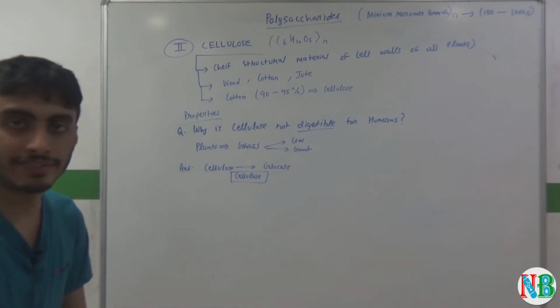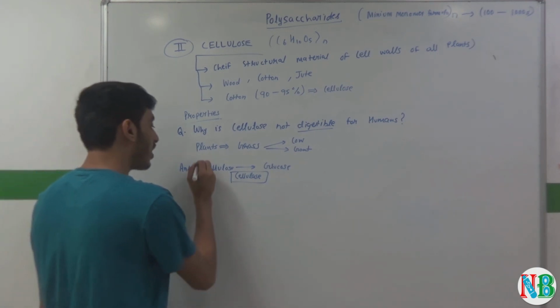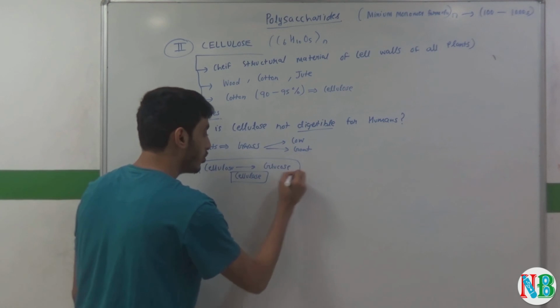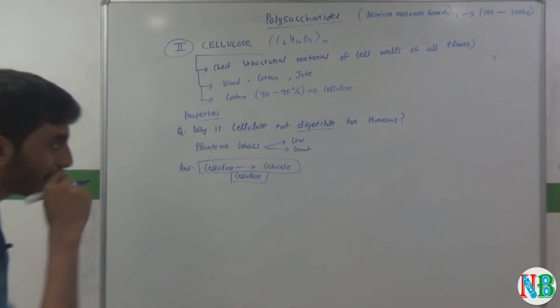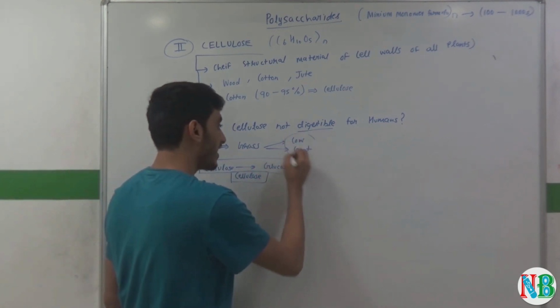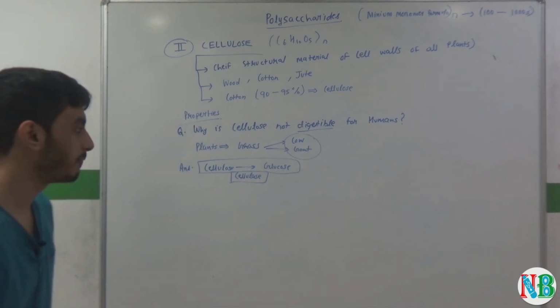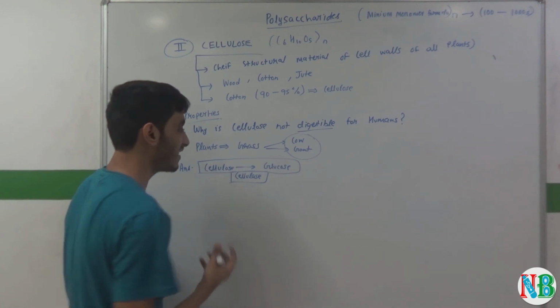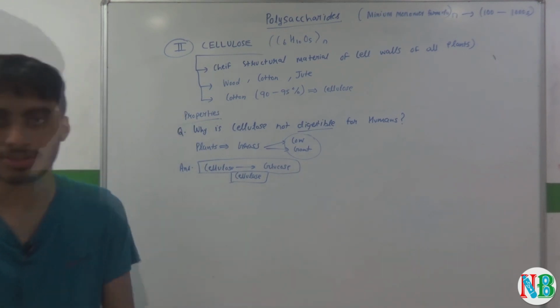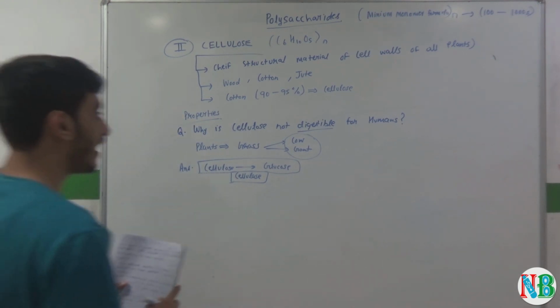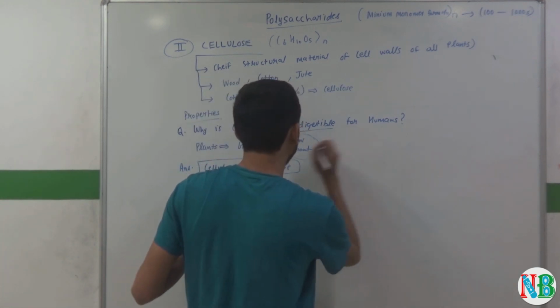As we don't have the enzyme, we are not able to convert cellulose into glucose. Whereas these animals have cellulase in their body, so they are able to get energy from cellulose. So that's the reason why we don't eat grass.